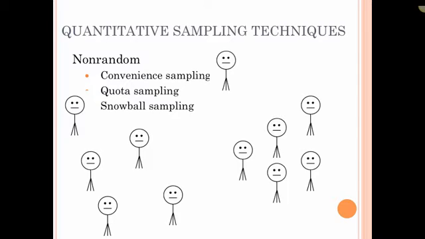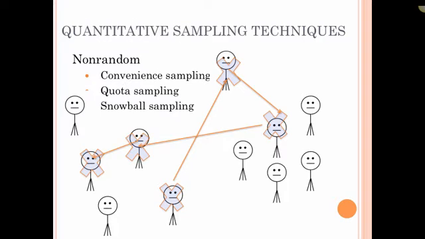Snowball sampling is another method of picking people. So essentially it's getting people with certain characteristics and then asking them to identify others who are similar. So let's say I pick this student who I know is Latina, and she tells me about her friend, and then I go and give that person a survey. And then he tells me about his friend, who then tells me about another, who tells me about another.